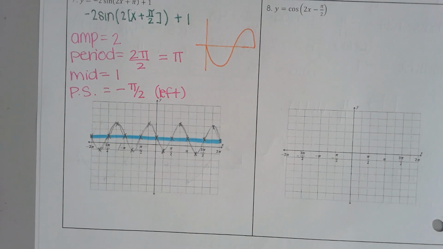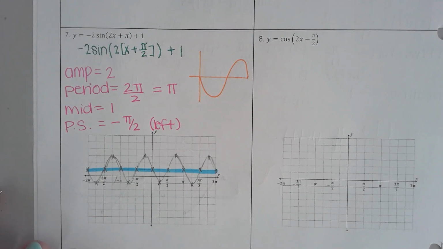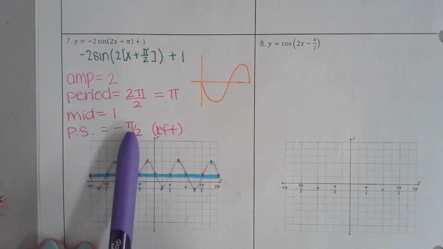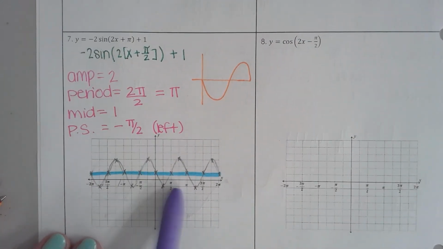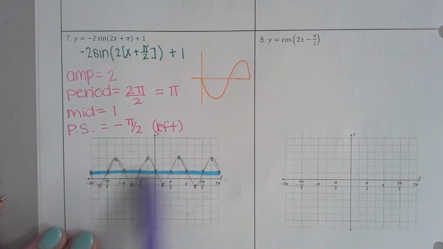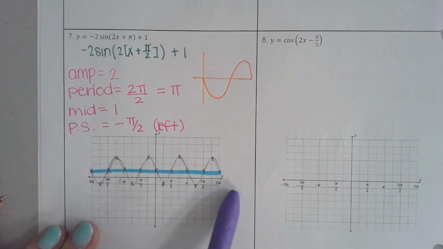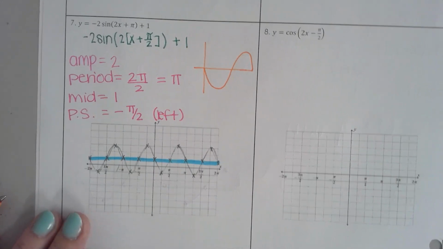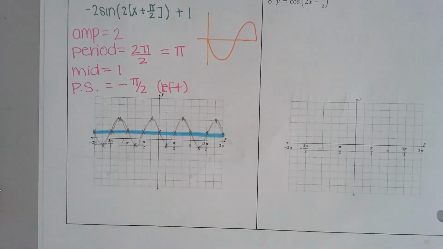So this is without the phase shift. And then I'm going to move everything left pi over 2. And pi over 2, based on my scale, it will not always be 2 blocks. You have to look at your graph, your scale here to know. But I know from this, pi over 2 is 2 blocks.